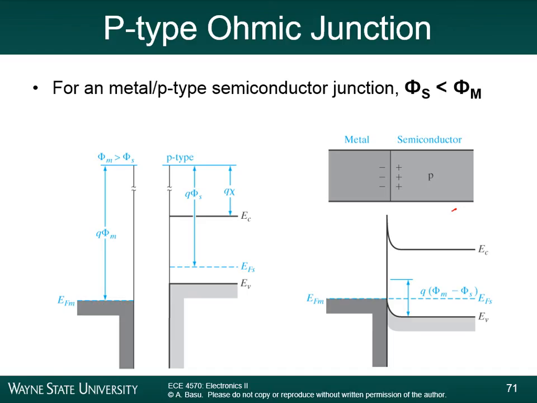And also, we can't easily just change the semiconductor doping because the semiconductor doping controls a lot of things too. You found out it controls the resistance of a semiconductor resistor. In the case of a diode, it controls the saturation current, and so on. So if you go for these types of ohmic junctions, you have to tune the phi s and the phi m. That can be a pain to do.